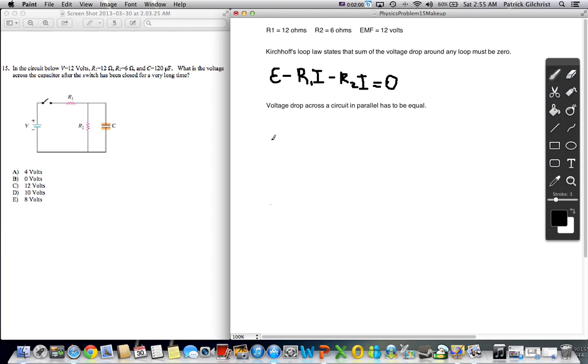So we're given EMF is equal to 12, minus R1, which is 12, times I, minus R2, which we're given is 6, times I, all has to equal 0.